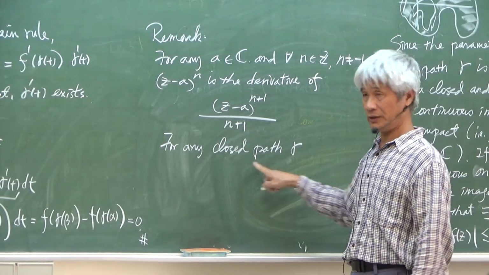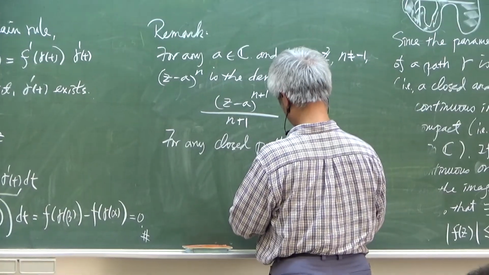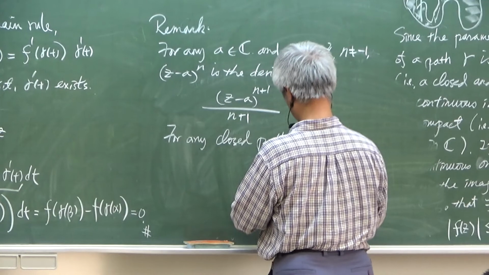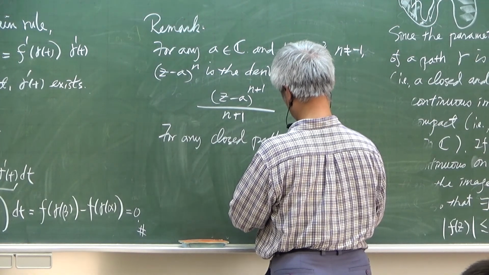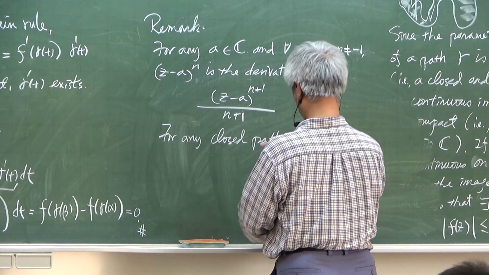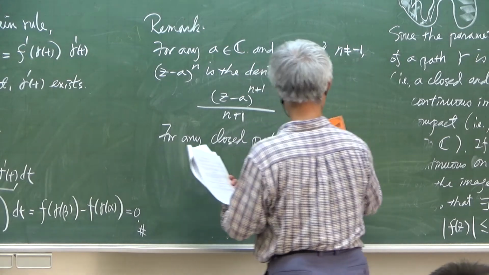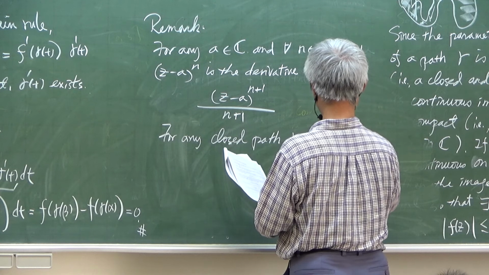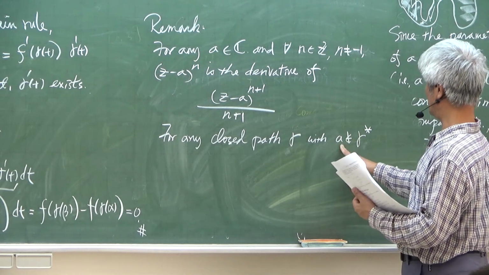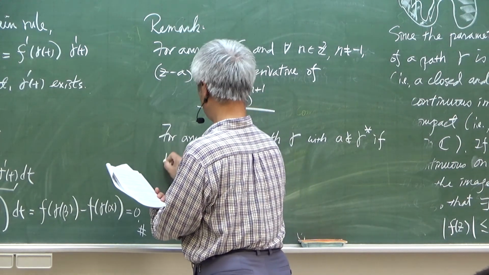It's very general: any closed path gamma such that a is not in gamma star, so the image does not go through a, if n is less than or equal to -2.